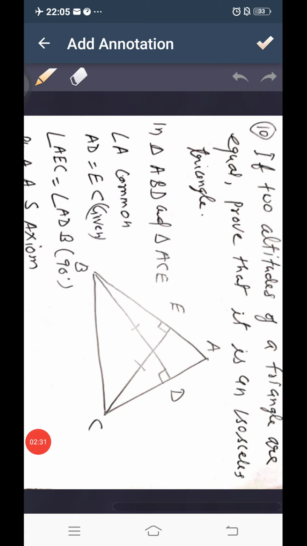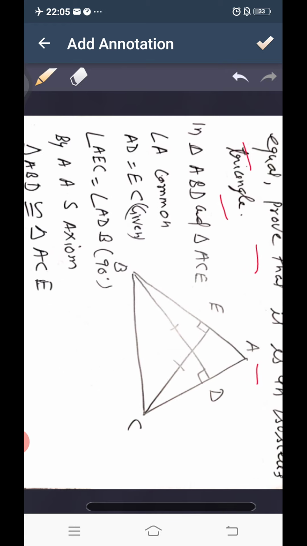Let us take question number 10. If two altitudes of a triangle are equal, prove that it is an isosceles triangle. So we can see that here two altitudes are drawn, that is BD and CE, and given equal. Since these are altitudes, these angles will be 90 degrees.